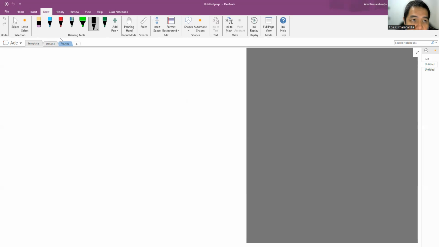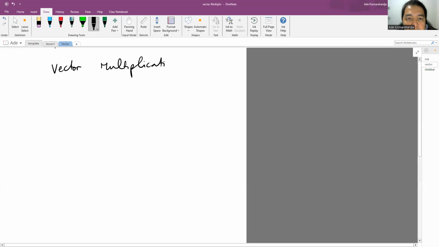Now, I want to discuss the next one, the vector multiplication. So this is now different when we multiply vectors and when we multiply numbers, because for example, if you have numbers, you have 2 and then 3, and then when you multiply them you will get 6.